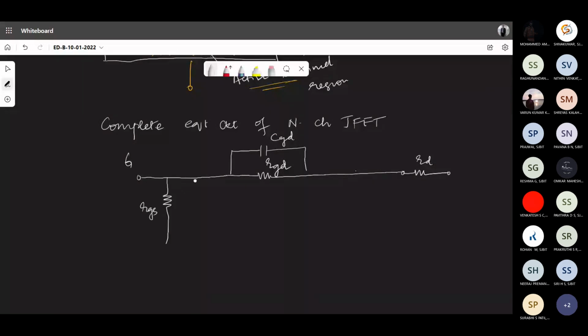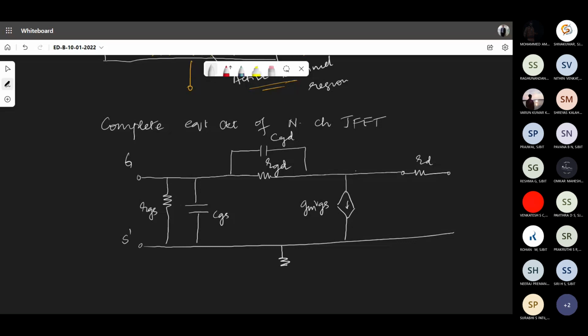Resistance RGS, capacitance CGS, there is a current source, which you write as GM times VGS. Remember, this will not be the source. The below terminal is not the source, we can call it S dash, which is the intermediate point relating to the source. The actual source comes only after this resistance RS. And this is the source terminal.